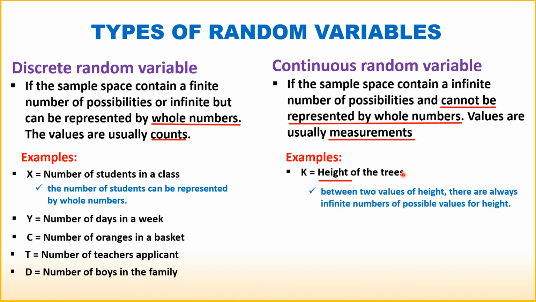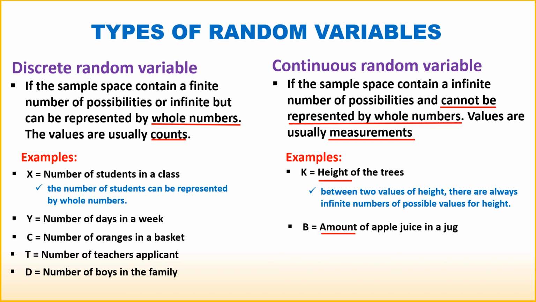So this is an example of a continuous random variable because between two values of height, there are always infinite numbers of possible values for height. For example, 5 feet and 6 feet. Between 5 and 6, meron pa tayong infinite numbers or infinite values between them. Kaya siya continuous random variable.